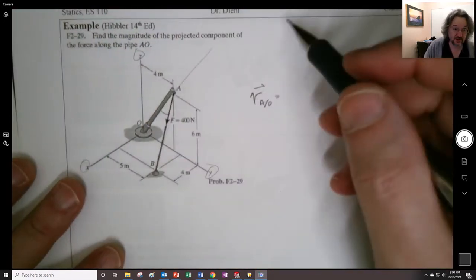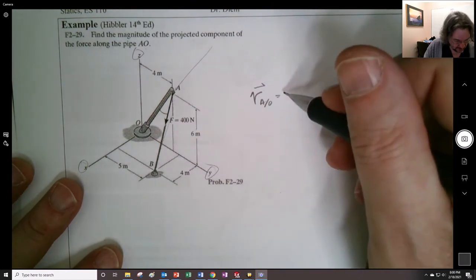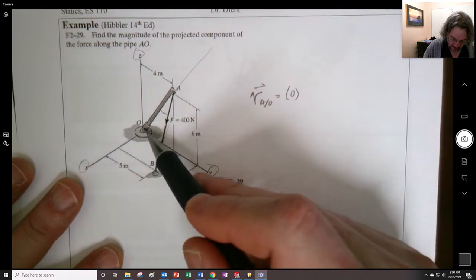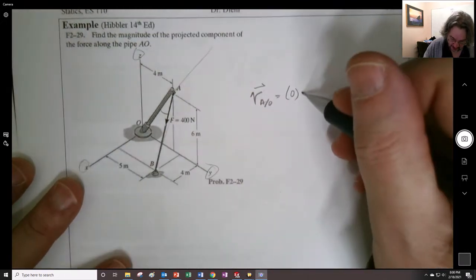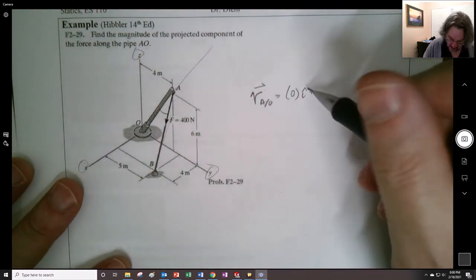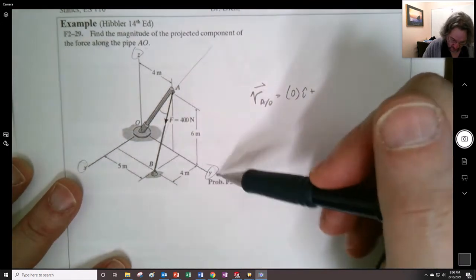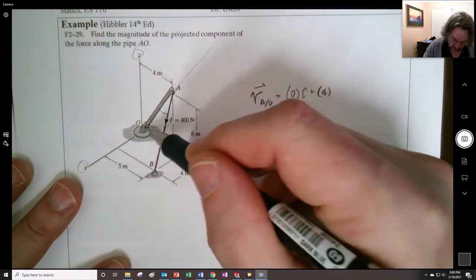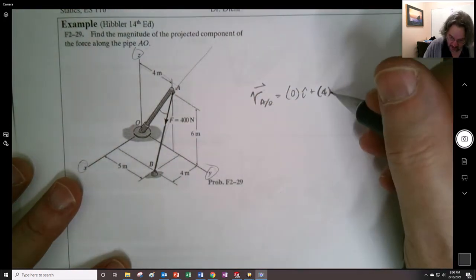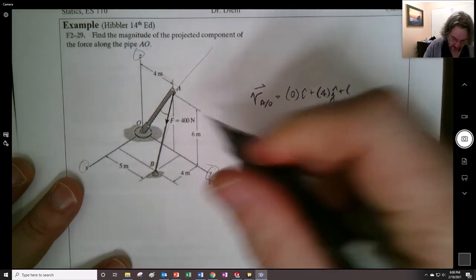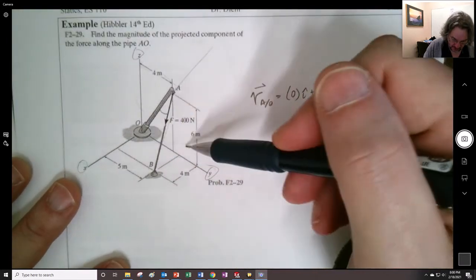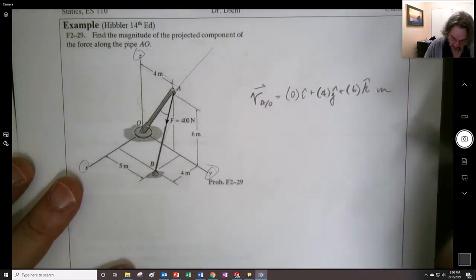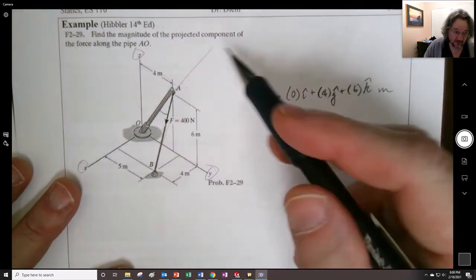Hibbeler tends to make z the vertical axis, and I don't necessarily like that. But anyway, in the x direction there's 0 from A because they're in line with each other. In the y direction, it's going to be a positive 4 because we're going over 4 from O. And in the z direction, which is upwards, it's going upwards 6 meters. So there's the position vector of A with respect to O.